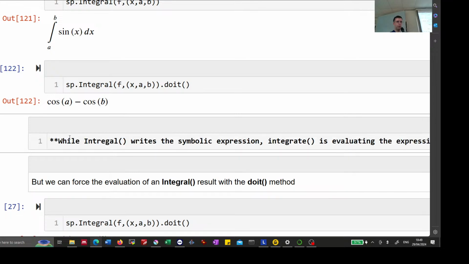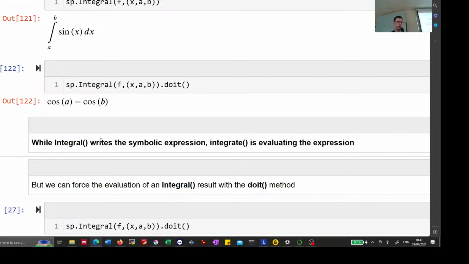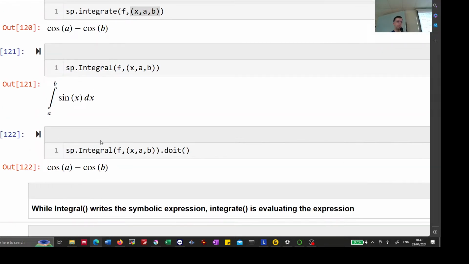So then remember, the integral method writes down the symbolic expression of that integral, whereas integrate is evaluating the expression as much as possible. So far, so good?